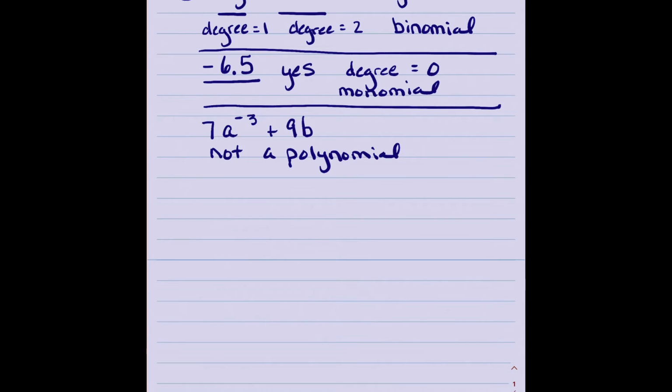This part of it would be 7 over a to the third, and we're not going to have any fractions with variables and exponents in them. Let's see, so there's no degree and no special name. This is just not a polynomial.